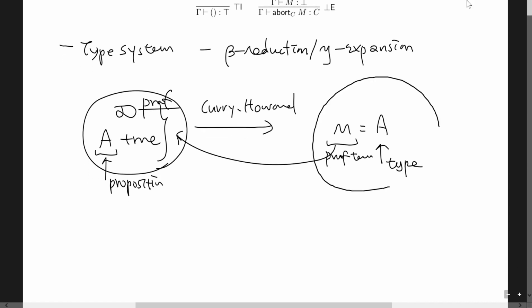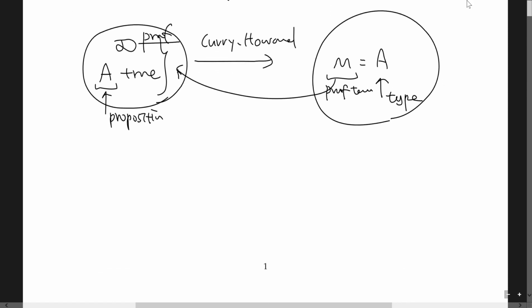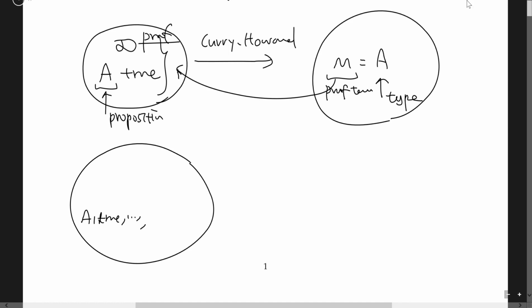Now, we'd like to repeat the same exercise starting from hypothetical judgment. So we have hypothetical judgment of this form: A1 true, AN true, and you have turnstile and C true.